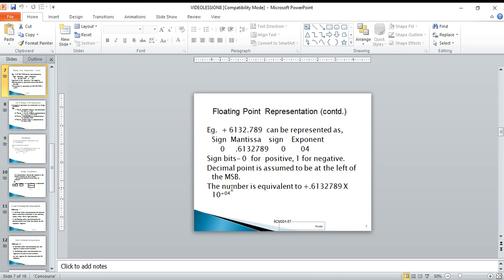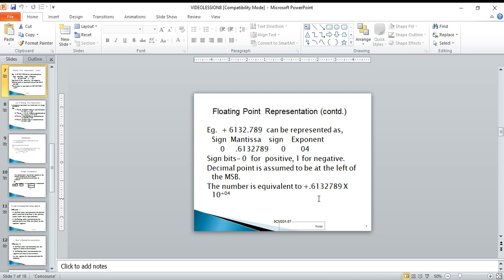See here, we move this point towards right by 4 positions, so we get 10 to the power of 4. 0 point is this mantissa, and the base, since this is the decimal value, we can represent as 10, and the power of exponent is that we move the decimal point towards right by 4 positions, so we get the positive number.